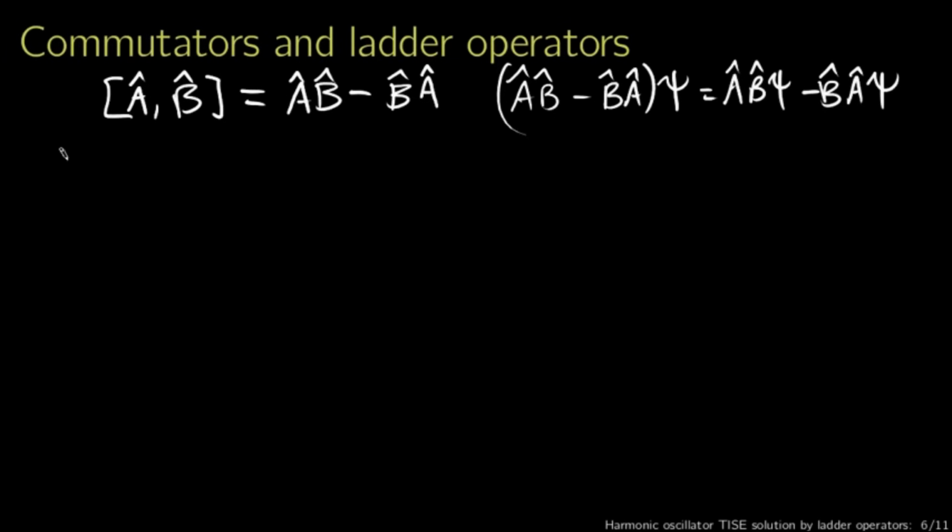So let's look then at our commutator. The commutator we had in the last slide was x and p. The commutator of x and p is x hat p hat minus p hat x hat. And let's allow this to act on some wave function psi.